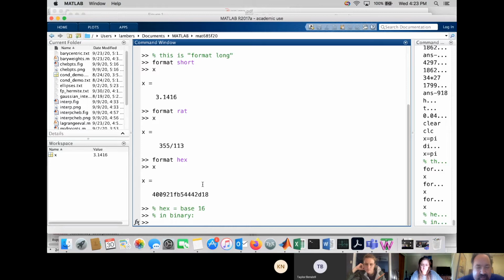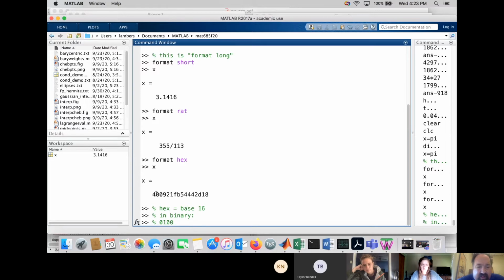Okay. So what do we have in binary? The number 4 in binary would be 0, 1, 0, 0, because I don't know how much exposure y'all have had to binary, and you treat it like decimal, but everything's in powers of 2 instead of powers of 10. So here we have the 2 to the 0 place, the 2 to the 1 place, the 2 to the 2 place, thus 4.